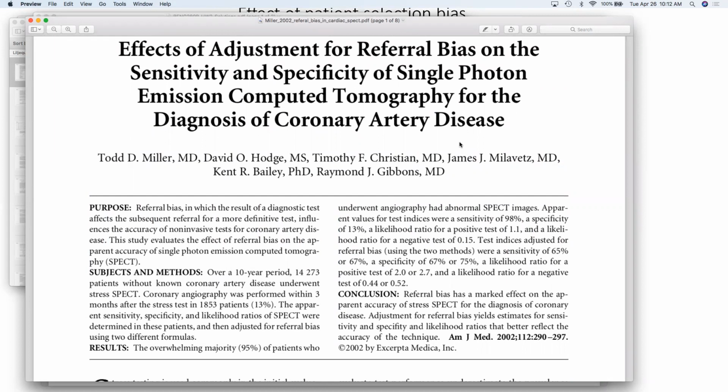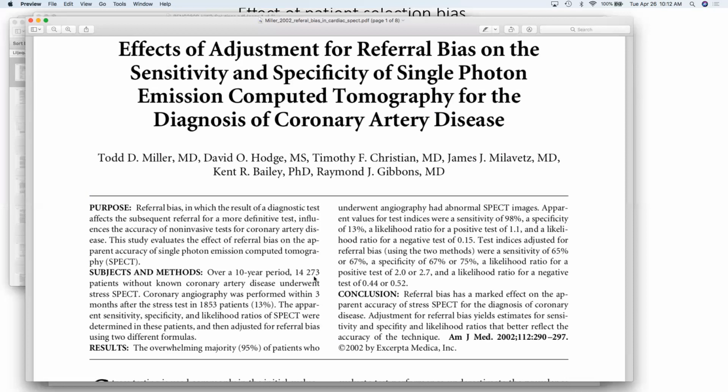And so they took 10 years of data. They had 14,000 patients in this data set. So this is not a small study, right? And the remarkable thing is, because so many papers were written that had good results for sensitivity and specificity, this technique took off.